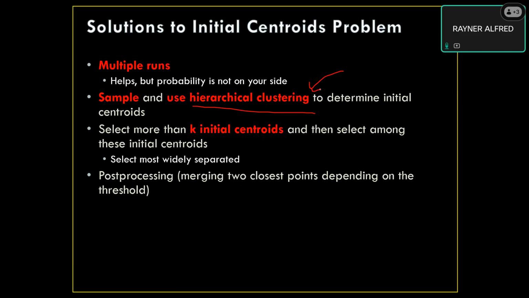So hierarchical clustering can be used to determine the best K. We could also select more than K initial centroids and then select among these initial centroids the best one.